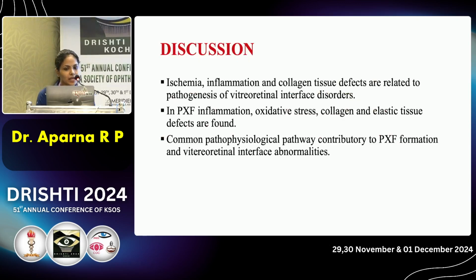Ischemia, inflammation and collagen tissue defects are known to be related to the pathogenesis of vitreoretinal interface disorders. Similarly, in pseudoexfoliation also inflammation, oxidative stress, and collagen and elastic tissue defects are found. Thus, a common pathophysiological pathway contributory to both can be assumed.